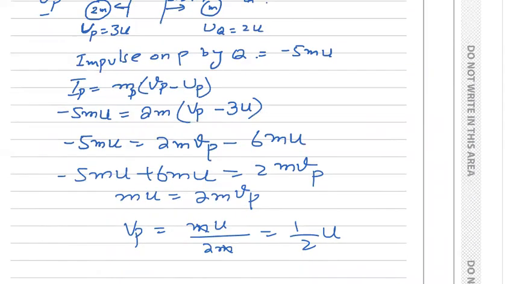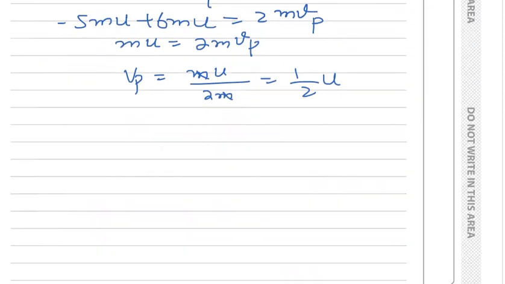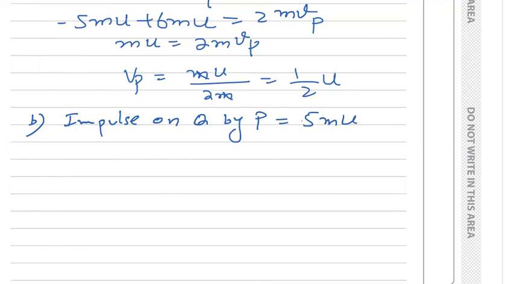The impulse on Q by P, that we already know is equal to 5mu, because we have taken this direction as the positive direction.